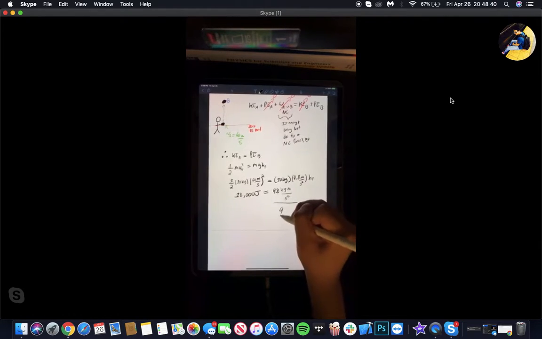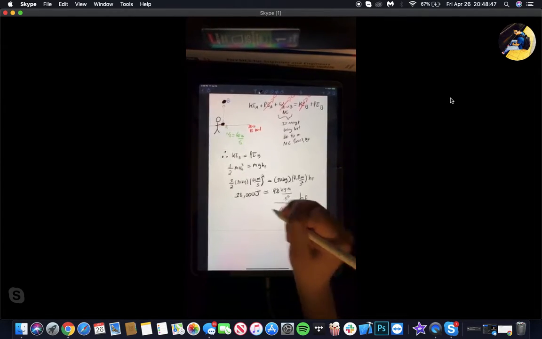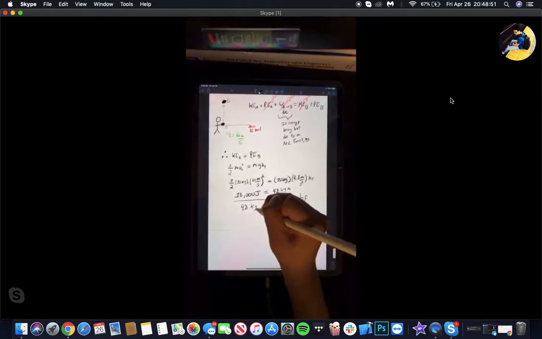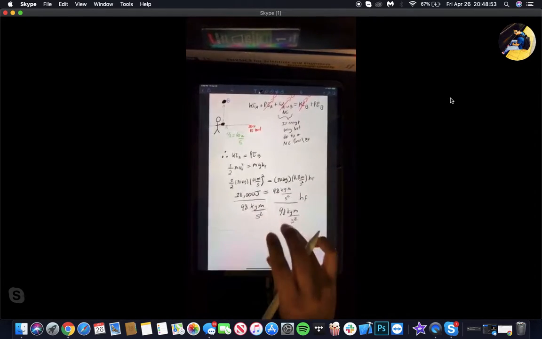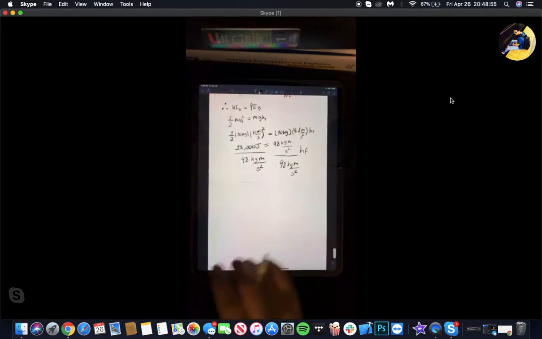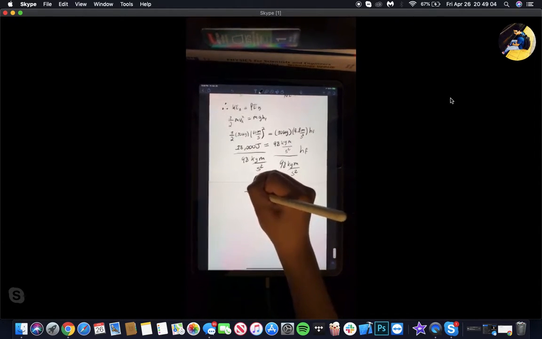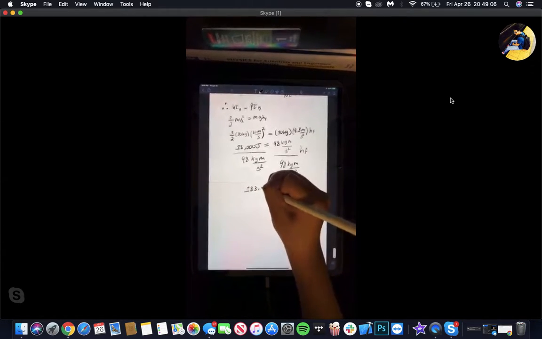So we're going to divide by 98 kilograms meters per second squared, and this one here we have h final. So we have 18,000 divided by 98, and we get 183.67.